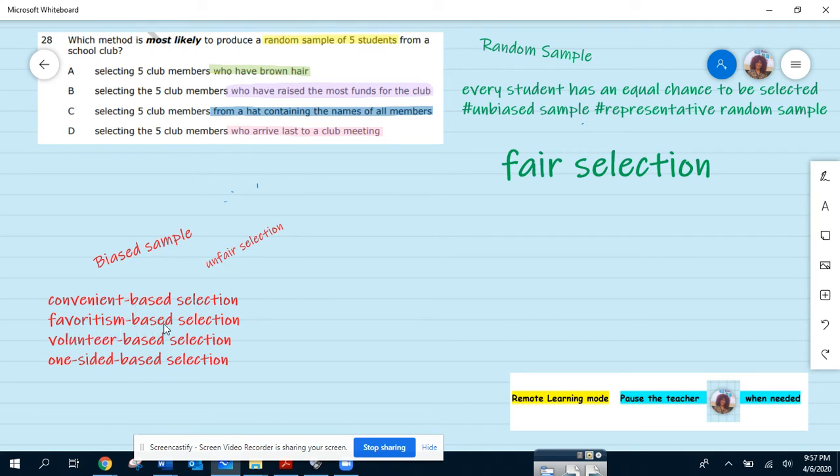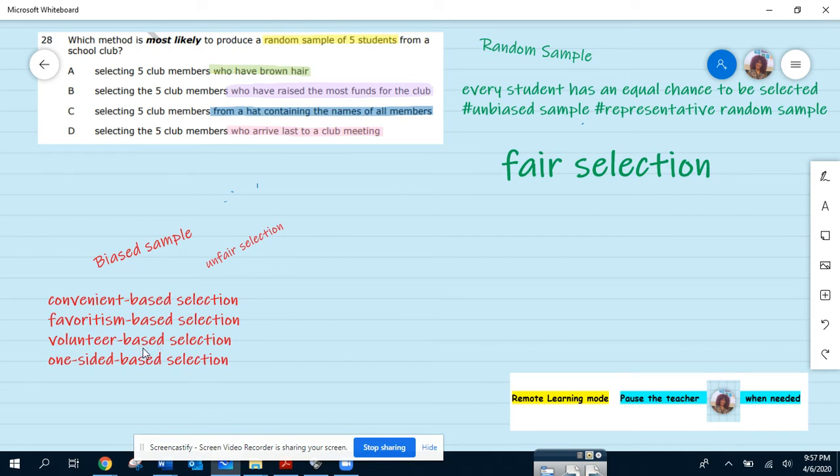Favoritism-based selection. I want to favor some students, and that's why I choose my favorite students, for example. Volunteer-based selection. It's very easy to say, hey, who wants to participate in this survey? And the volunteers will raise their hands and come next to me.